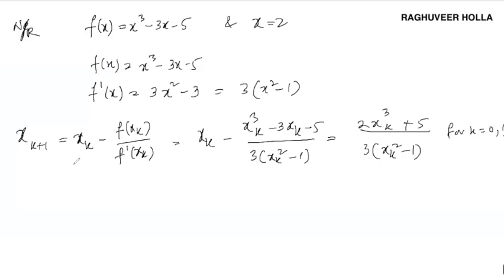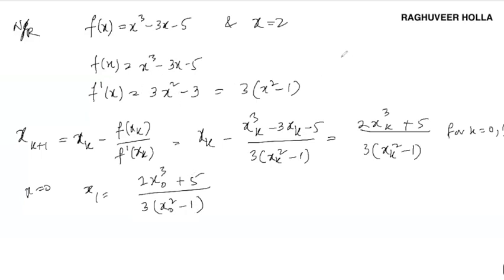Let us do some approximation. As we saw in the previous problem, the decimals get nearer and nearer, so we can stop the iteration. For k is equal to 0, your x1 will be (2 x naught cubed plus 5) divided by 3 into (x naught square minus 1).